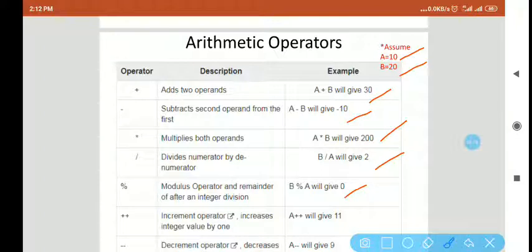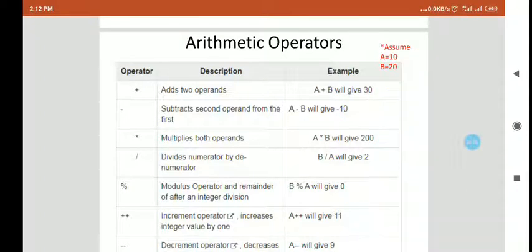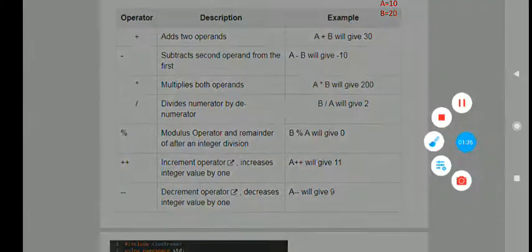Then there is the increment operator. Suppose you write a plus plus, and the initial value of a is 10, then it gives result 11. Similarly, there is a minus minus.